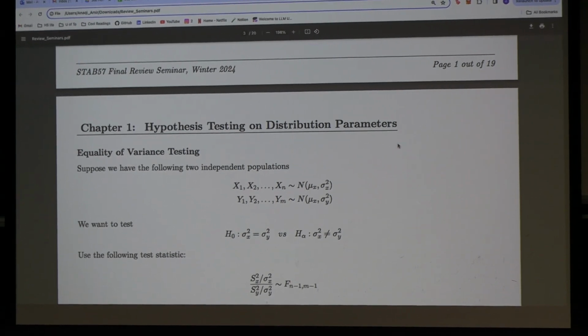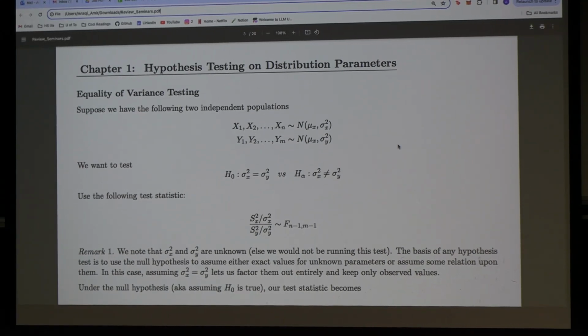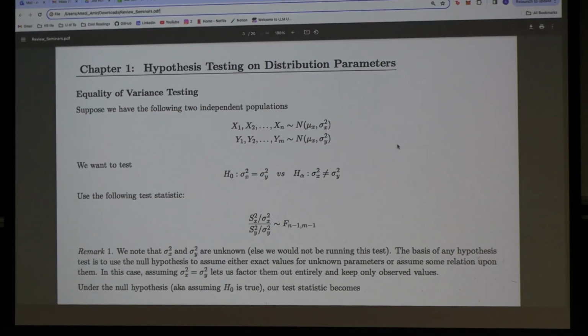The one nuance that comes with these sorts of hypotheses is that when we do a hypothesis test, we are taking this true statistic distribution that has unknown elements, and then our null hypothesis is us making assumptions on those elements. So we can't calculate this true F distributed statistic.